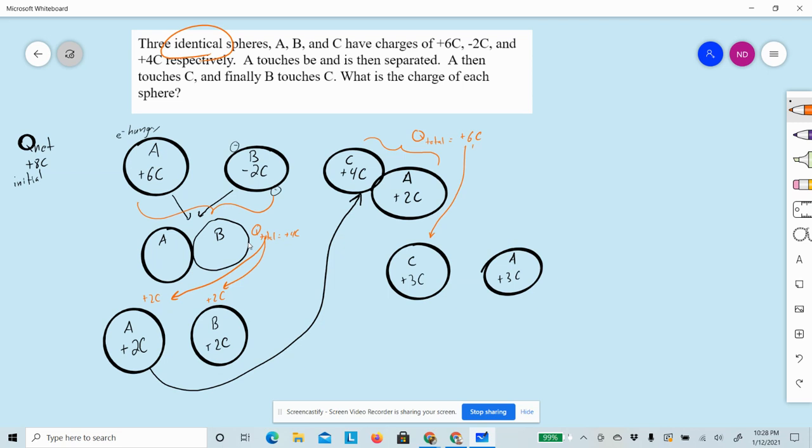It's going to divvy itself up evenly. All right, so A touches B and then it's separated.